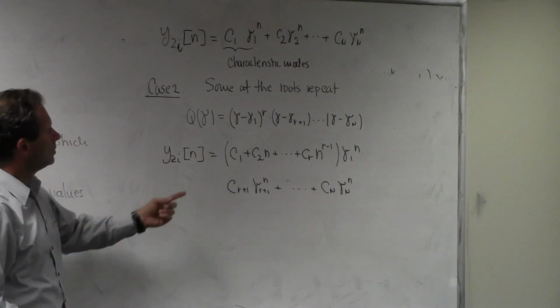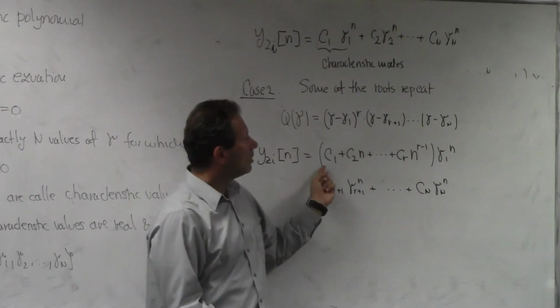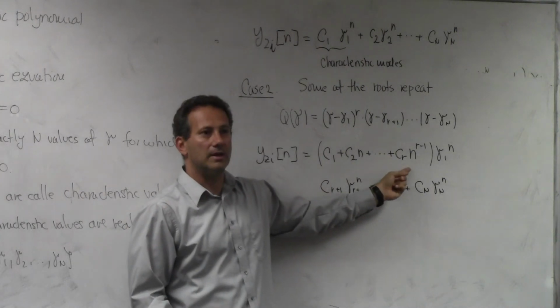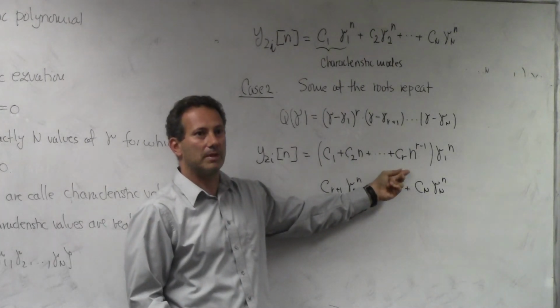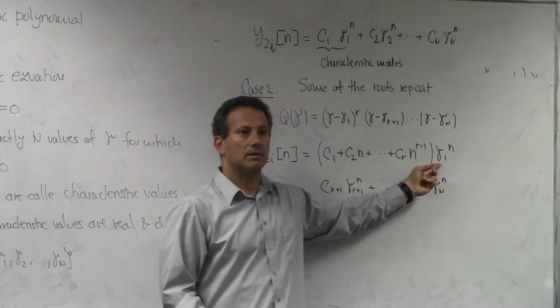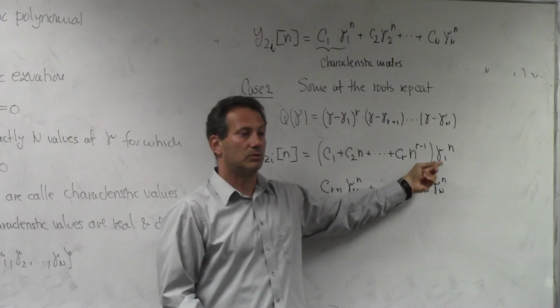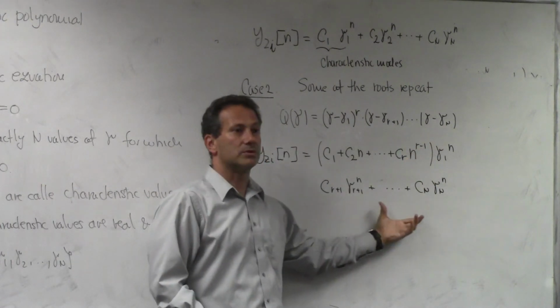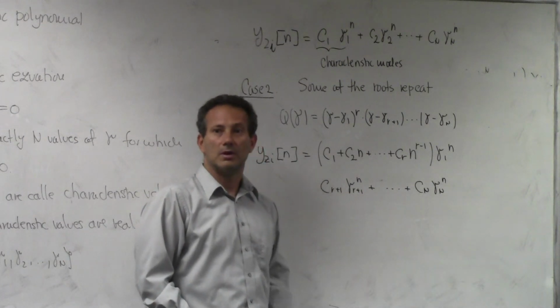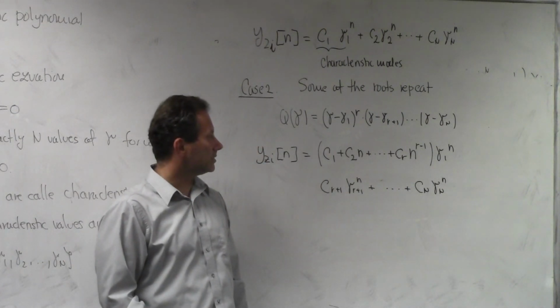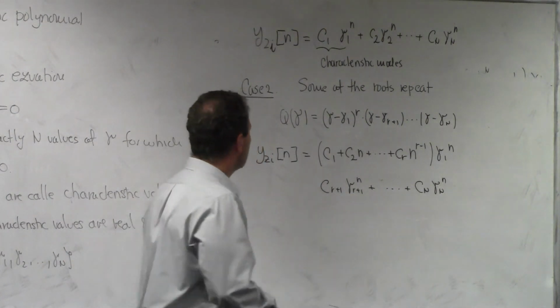So now, for the root that repeats r times, you have this polynomial in n that multiplies the characteristic mode gamma to the n, and then you have the simple roots which just give their own characteristic modes.